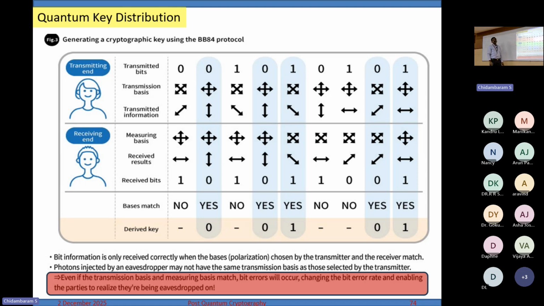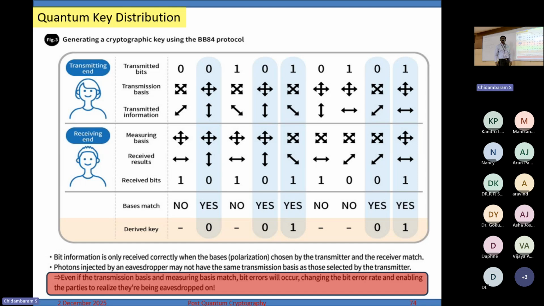But you don't know whether the sender has sent 0 or not. What you should ask the sender is, hey, what basis have you used? Now the sender will say, I have used the diagonal basis. If the basis matches, you will keep that bit. Otherwise, you will discard it.